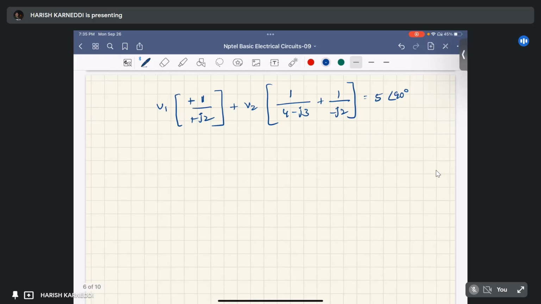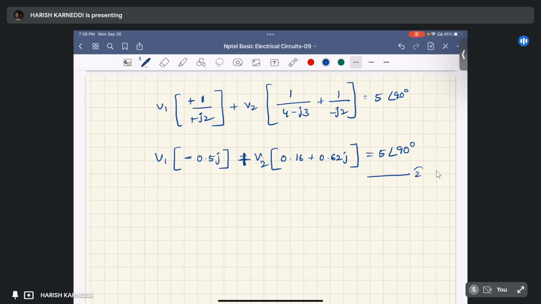So we can find these equivalent values, which is 1 by j2, meaning minus 0.5j, plus V2 into 1 by 4 minus 3j plus 1 by minus 2j, which is equal to 0.16 plus 0.62j equal to 5 at an angle of 90 degrees.